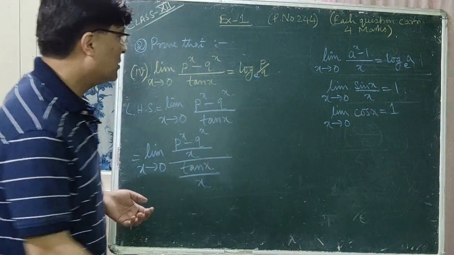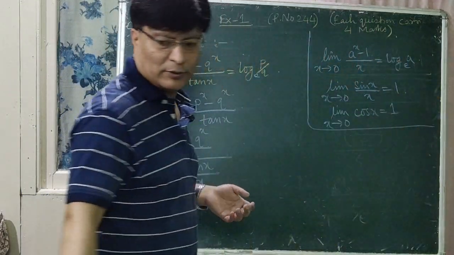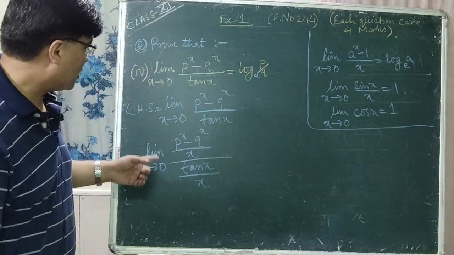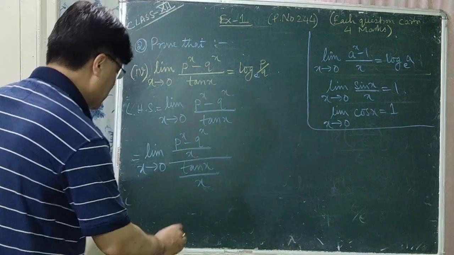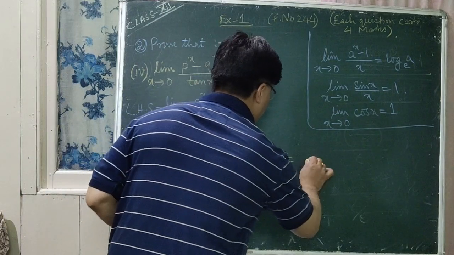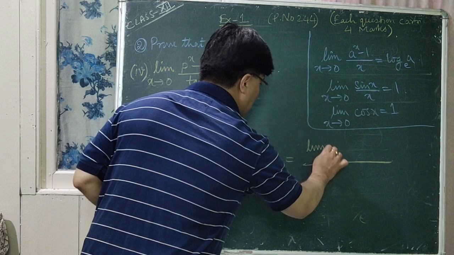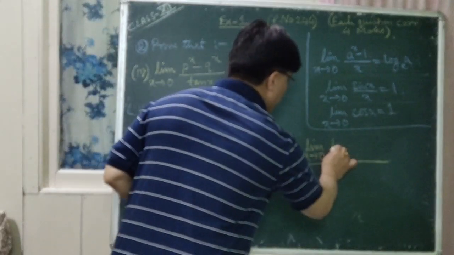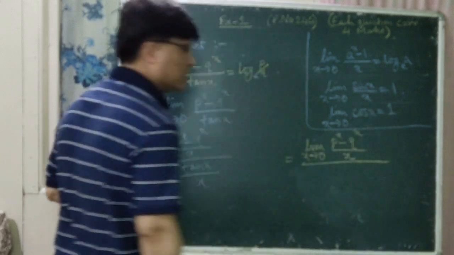Is that understood? Now what will you do in the next step? Now you can write down the limit for both numerator as well as denominator. So in the numerator write limit x tends to 0, p to the power x minus q to the power x divided by x.